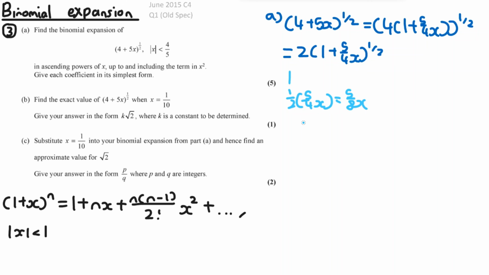And then the third term is going to be a half minus 1 over 2 factorial of 5 over 4x squared.